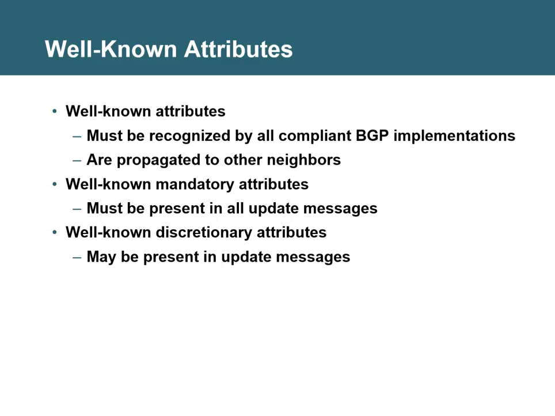And these attributes are always advertised, propagated to their neighbors. Now these well-known attributes are again in two different categories. Well-known mandatory must be present in all update messages. Well-known discretionary may be present in update messages.